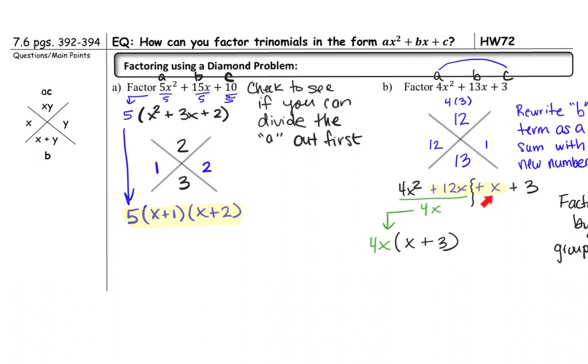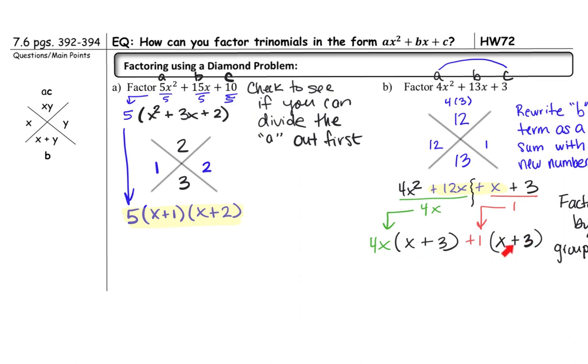So if I don't want to change this because I want the group to be the same, we are going to factor out a 1. If we take out a 1, we're not changing the original group because x divided by 1 is still x, and 3 divided by 1 is still 3, and now my groups are the same.